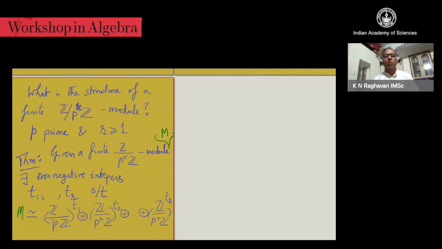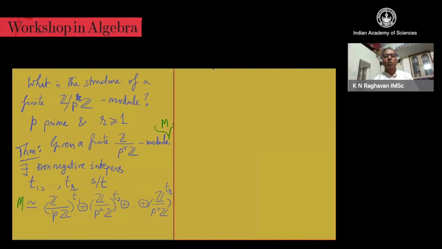And moreover, M is uniquely determined, meaning up to isomorphism always, as always, by these integers T1 through TR.